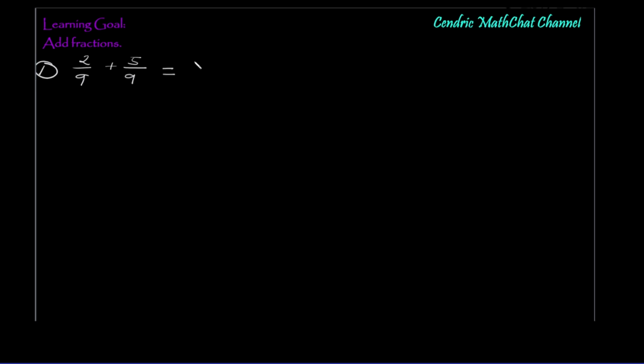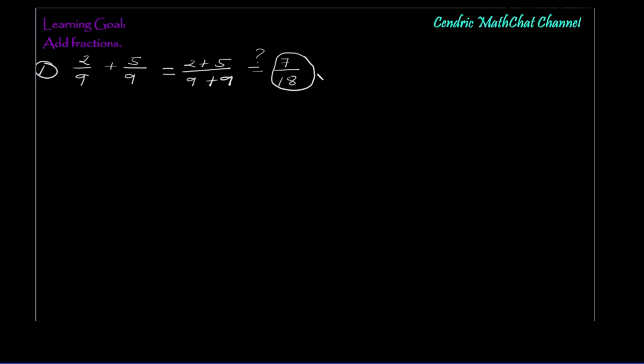Well, this gives us a sum of 2 and 5, 9 and 9, so is 7/18 the sum of 2 ninths and 5 ninths?